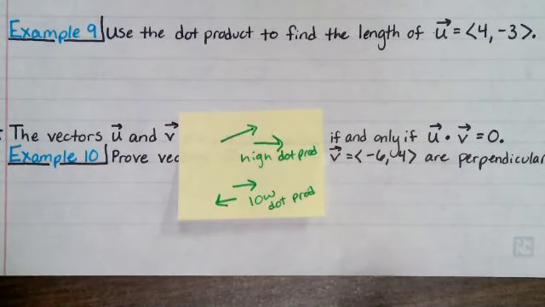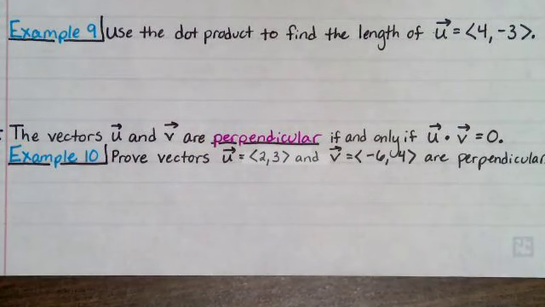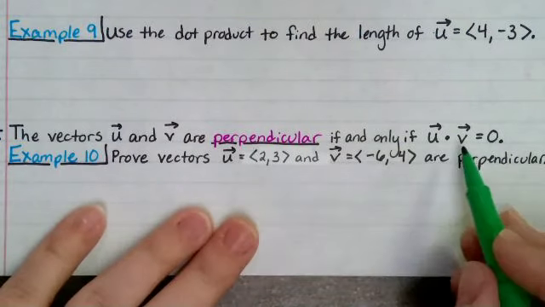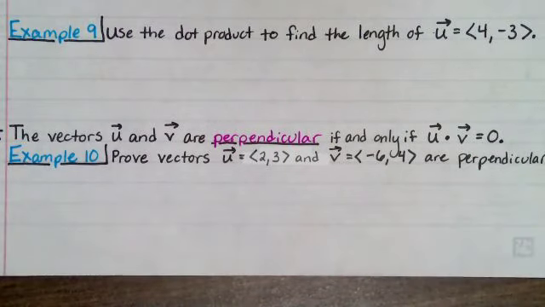The lower the dot product, the further away from the same direction they are. So anyways, to tell if they're perpendicular, their dot product would be in between positive and negative. It would be 0. So that is used to help determine if you have right angles in those vectors.